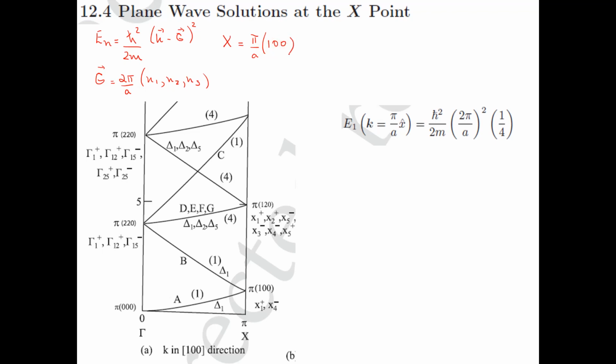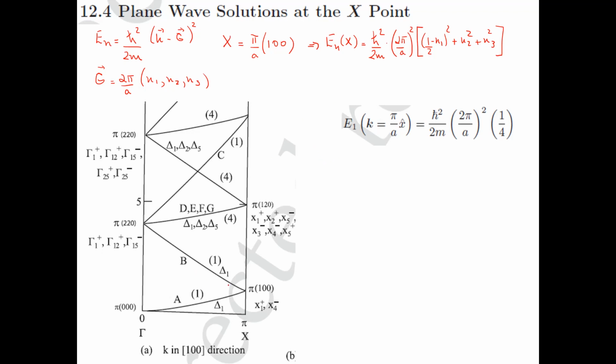So in this case, the expression for all possible energy states at the X point is given by h bar squared over 2m, 2 pi over a squared, times (1/2 minus n1) squared plus n2 squared plus n3 squared. Okay, so this is the general solution.